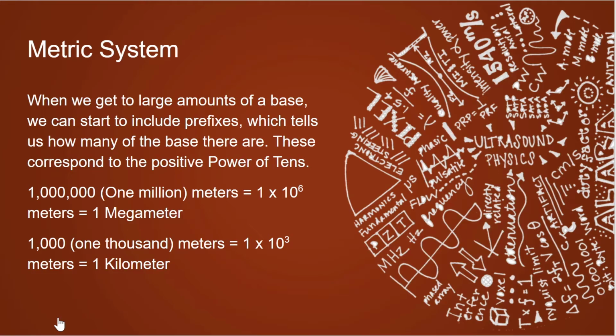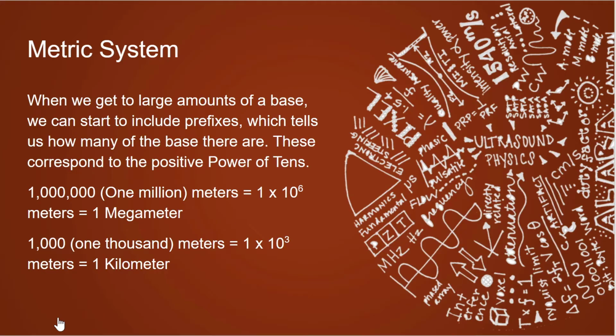But we need to be able to convert from our base to very large multiplications of our base or to very small multiplications of our base. So we're going to start with those large ones. When we want to get into a larger number than our base, we are again looking at powers of tens.